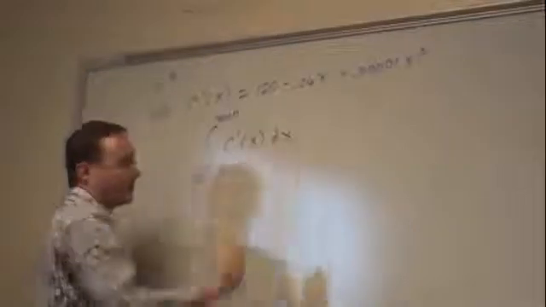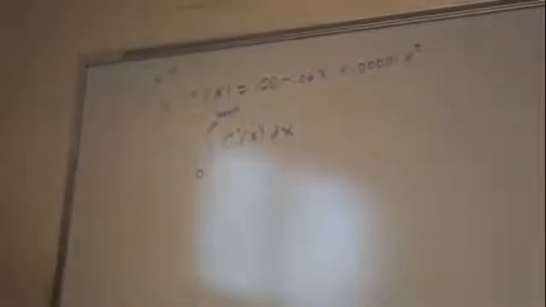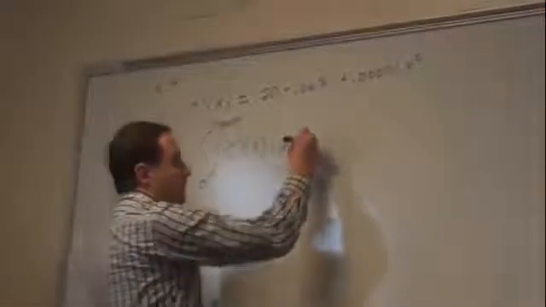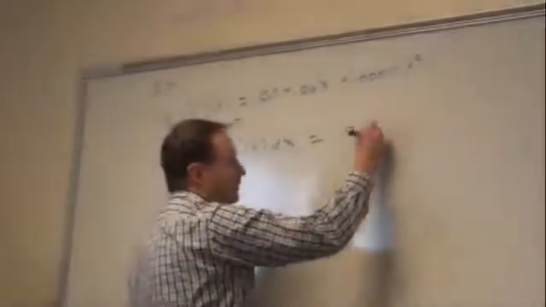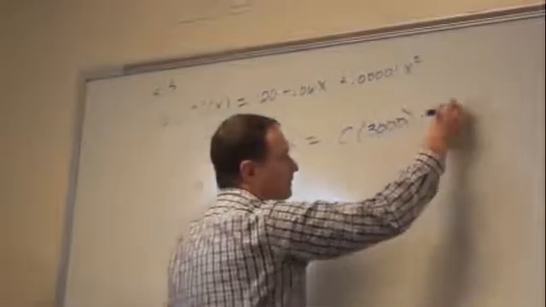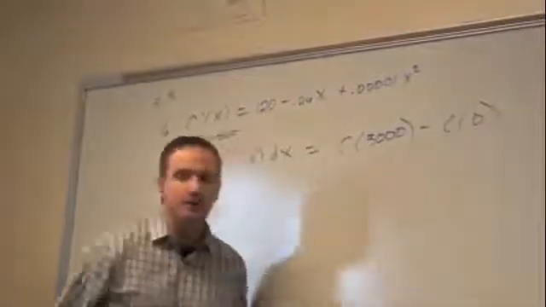And let's talk about what answer this will give us. This will give us the cost of 3,000 units minus the cost of 0 units.